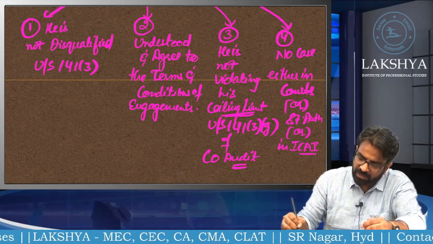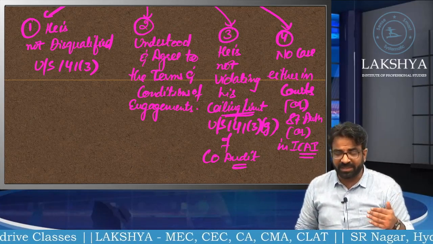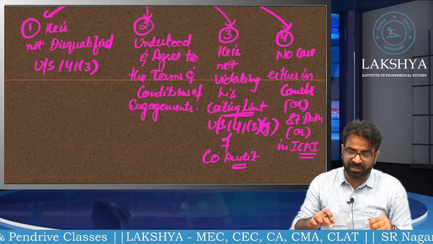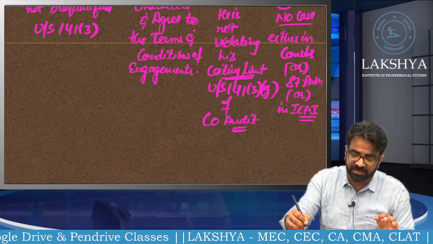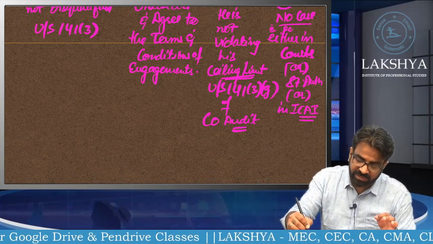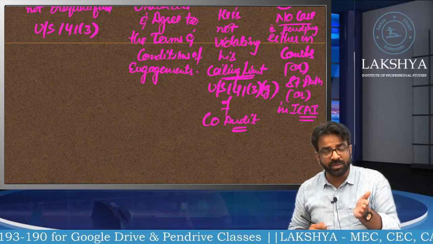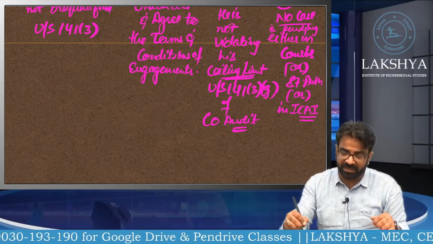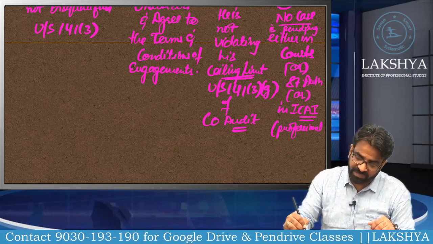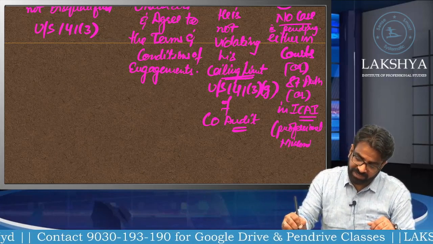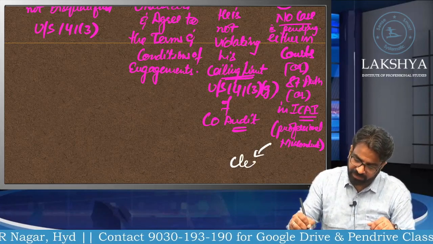You know that in professional ethics, if you are guilty of professional misconduct, a case will be filed against you. Basically, in the fourth point, the statutory auditor is telling the company, sir, there is no case against me. No case is pending against me either in courts or statutory authorities or ICAI relating to any kind of professional misconduct. So basically I am saying that I am a clean sheet person.